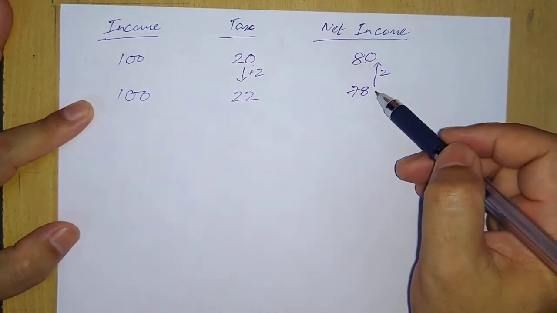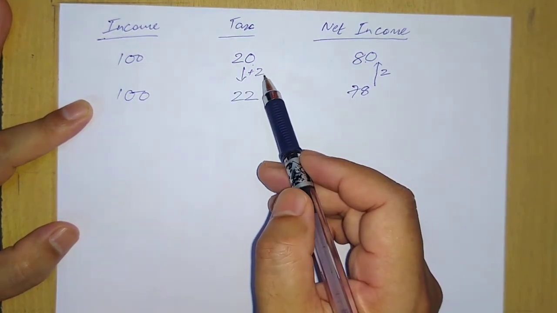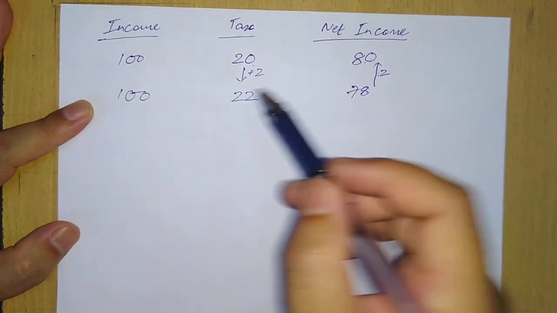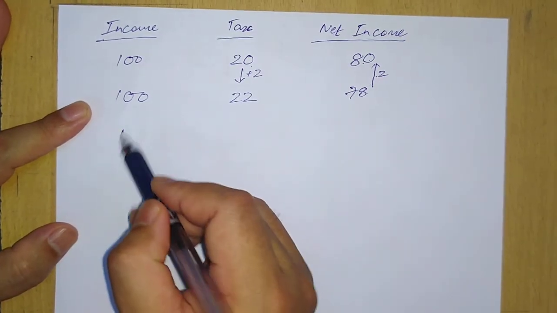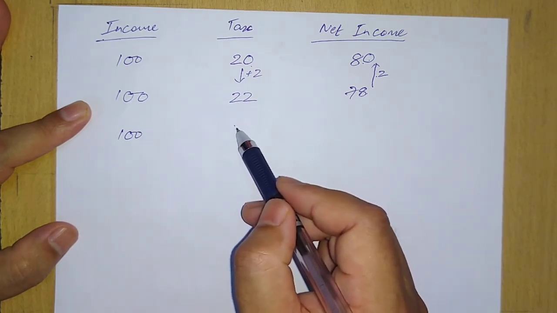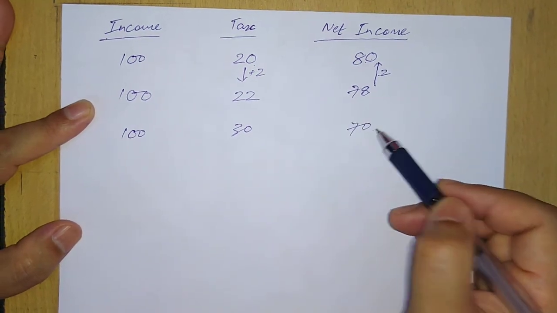Now you see, whatever has been increased in tax has been reduced from my net income. For example, if my income is 100 and my tax is 30, my net income is 70.